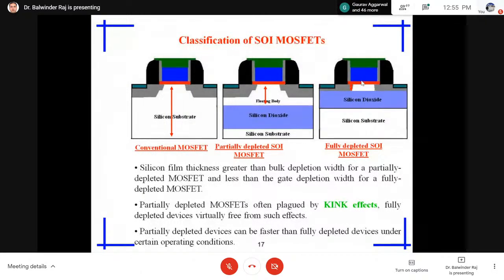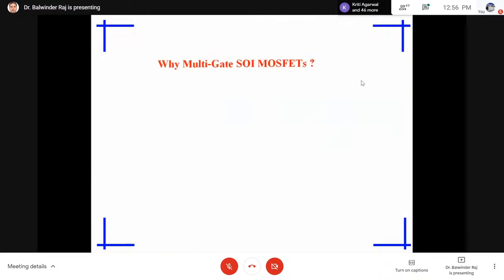That increase in the drain current is sometimes beneficial for a high on current, but at the same time it is also a limitation, because there is some internal heating in the device. So this is the difference between partially and fully depleted SOI.